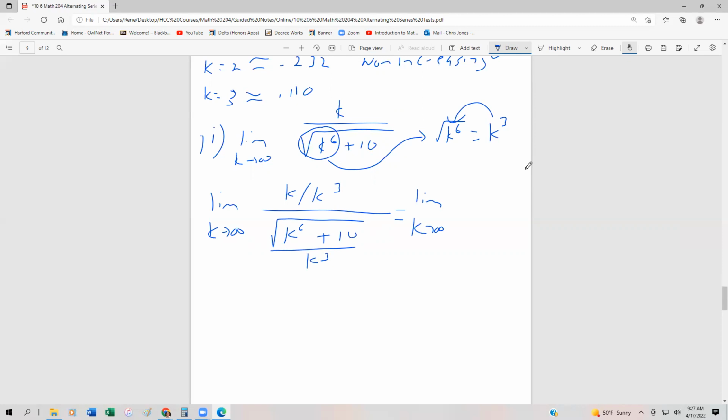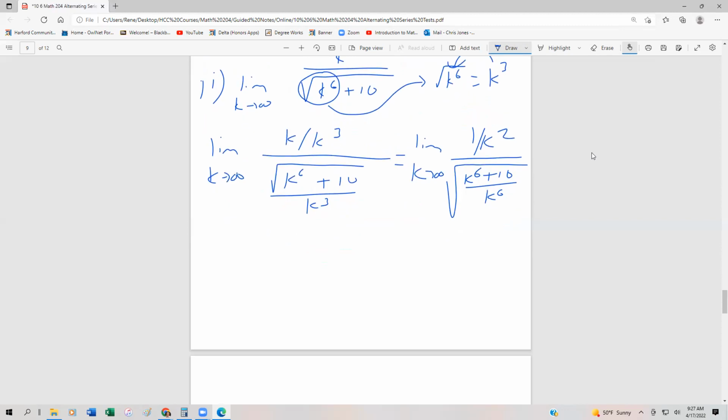In the numerator, this becomes 1 over k squared. Now we can split it up into 2 terms.